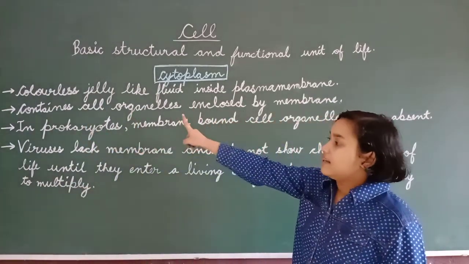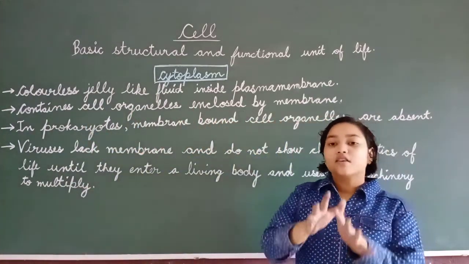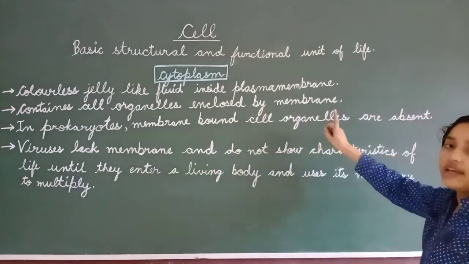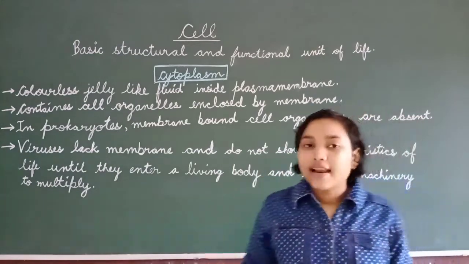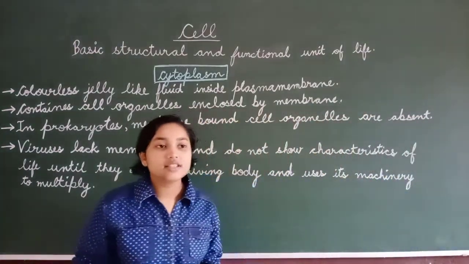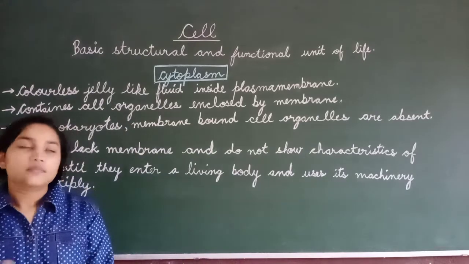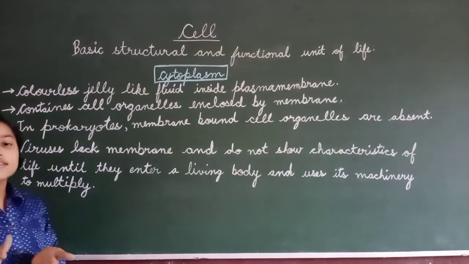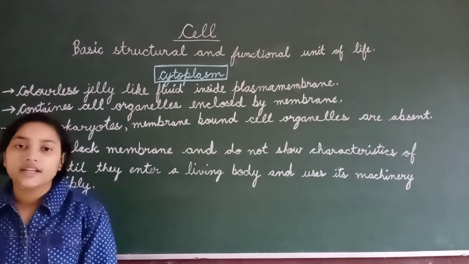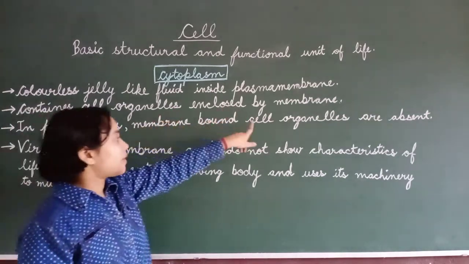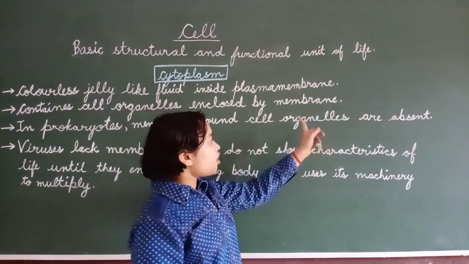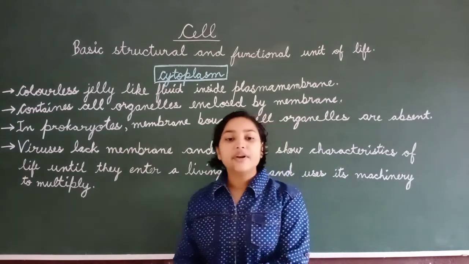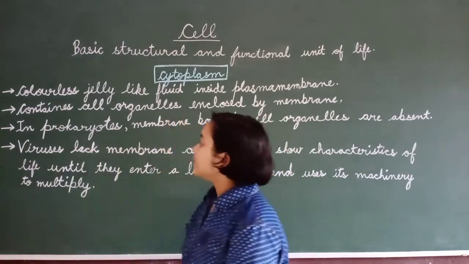It has all the organelles within it, and all these cell organelles or cell structures are enclosed by a membrane. In prokaryotic cells, membrane-bound cell organelles are absent.